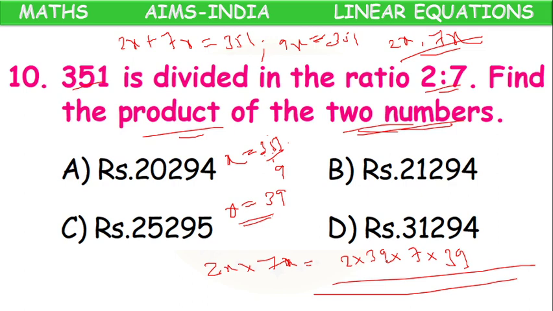What is the product, children? Try to calculate. So approximately, B option, 21,294. B option is the correct answer.